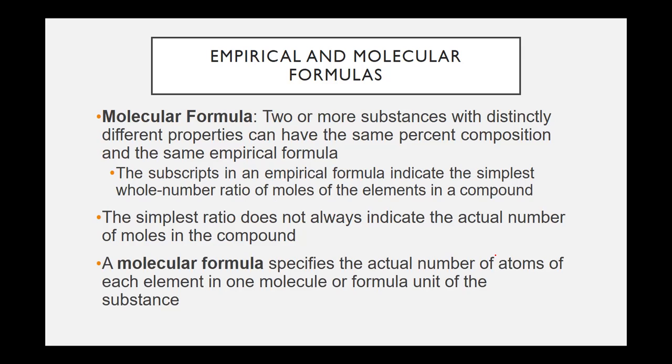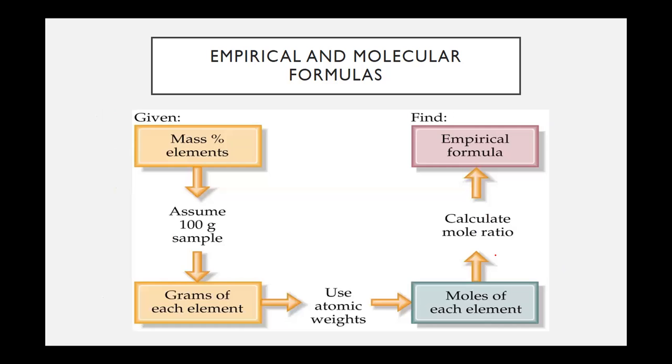Molecular formula, ina-specify naman yun yung actual number of atoms of each element in one molecule or formula unit of the substance. So para makapag-solve tayo, pag meron tayong given mass ng elements, we have to always assume 100 grams yung samples natin doon. And then we'll be able to compute for the grams of each element.